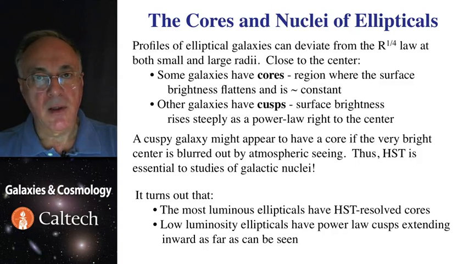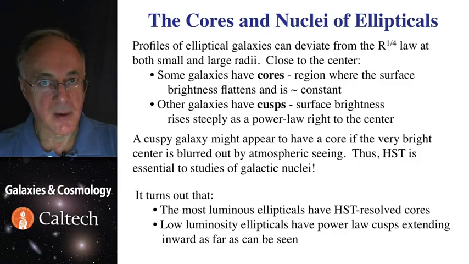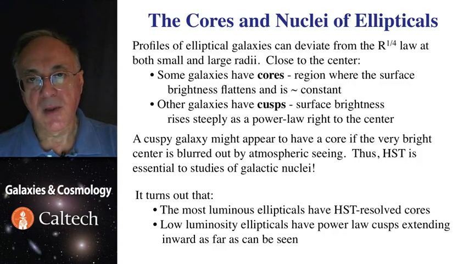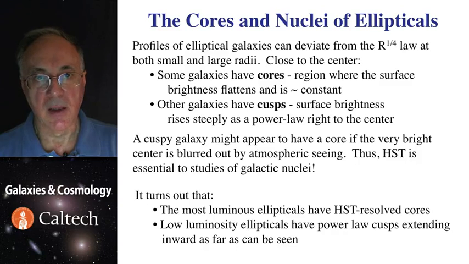In some cases, there are cores, flat density distributions, sort of like Hubble envisioned. In other cases, there are density cusps. Density goes as a power law all the way in as far as we can tell. And those may be related to the presence of supermassive black holes. And carrying on with what happens at larger radii, we see that the more luminous ellipticals tend to be those that have flat cores, and smaller ellipticals tend to be those with cusps.